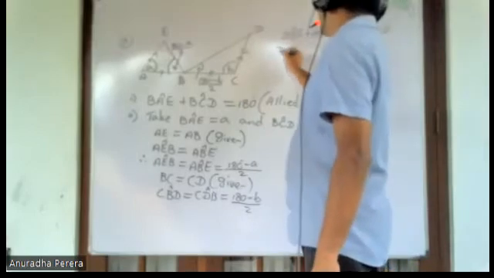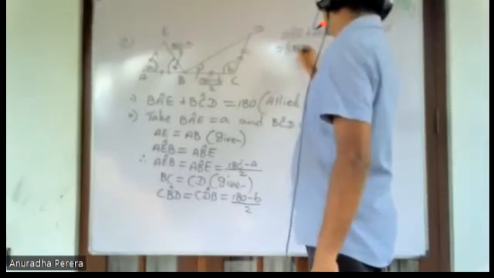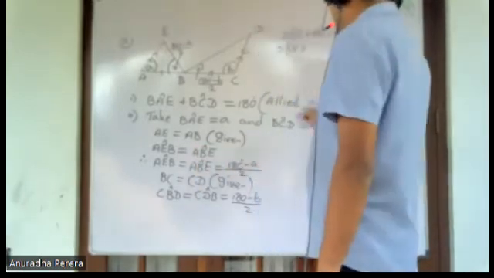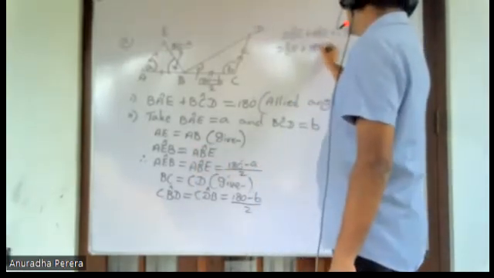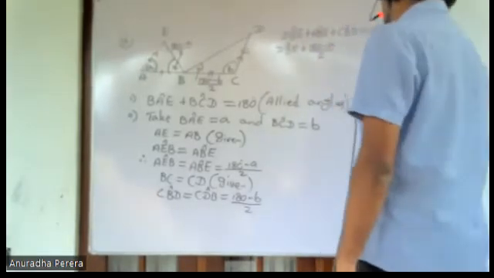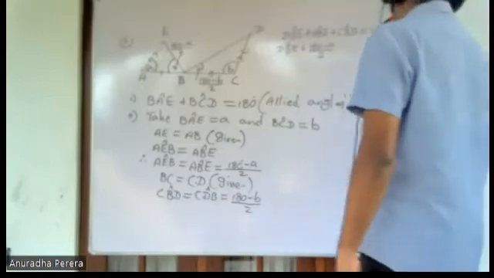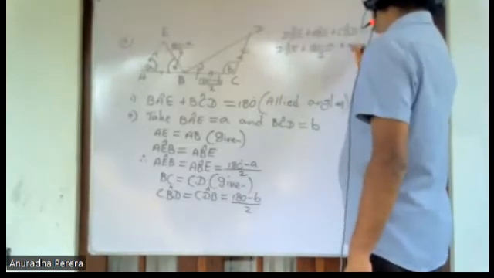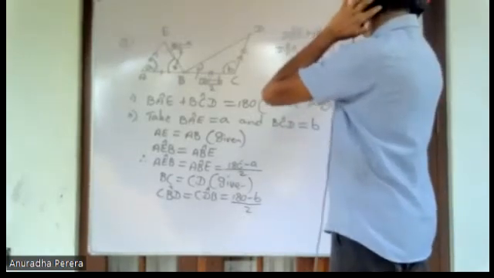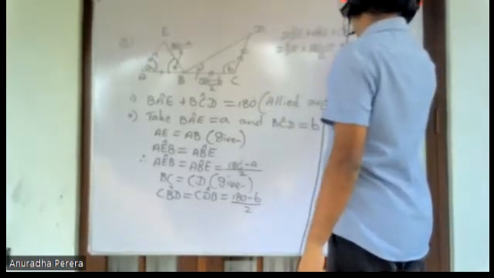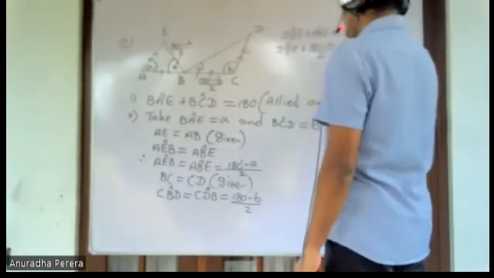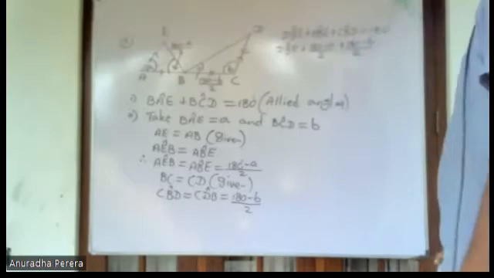Now you can substitute. We found the value of ABE. It is (180 minus A) over 2, and CBD is (180 minus B) over 2, right?